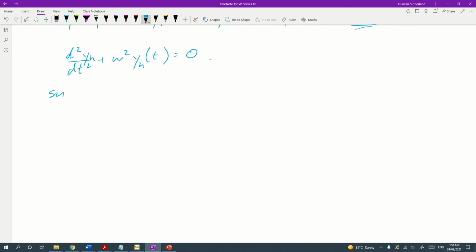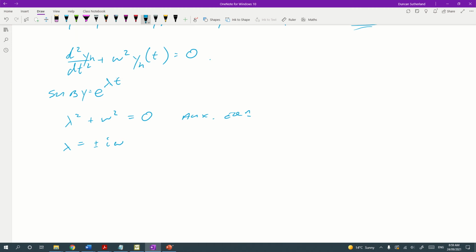So we do our usual thing, sub in e to the lambda t. We'll find lambda squared plus omega squared equals 0. This is our auxiliary or characteristic equation. We find that lambda equals plus or minus i times omega when we take the square root of that equation.